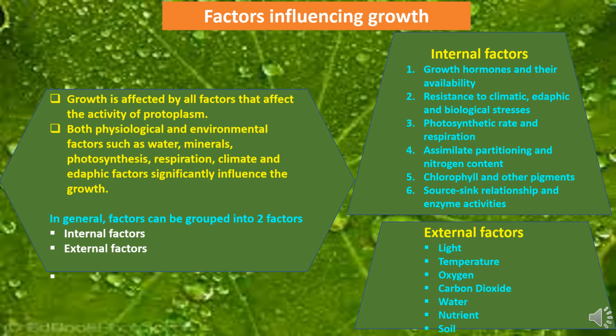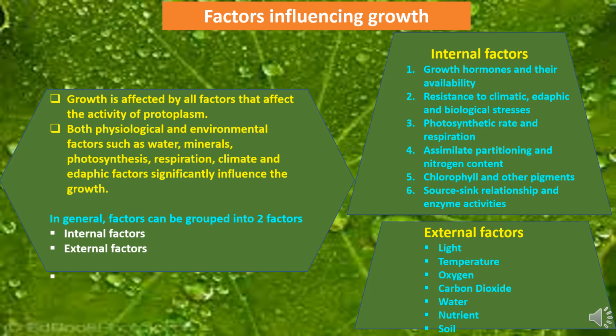As far as internal factors are concerned, there are growth hormones and their availability which are controlling or affecting growth. Second is resistance to climatic, edaphic and biological stresses. Third is photosynthetic rate and respiration of the plants depending upon the climate situations and availability of the nutrients.